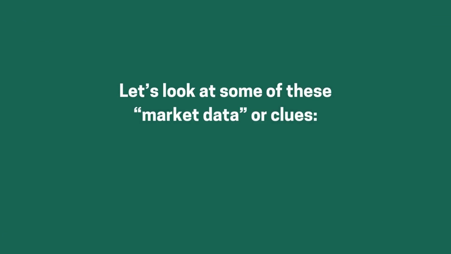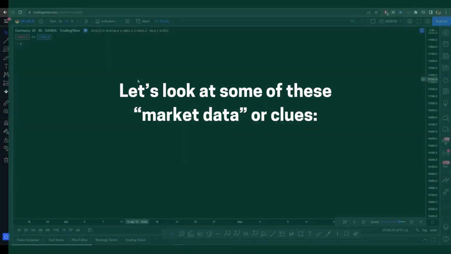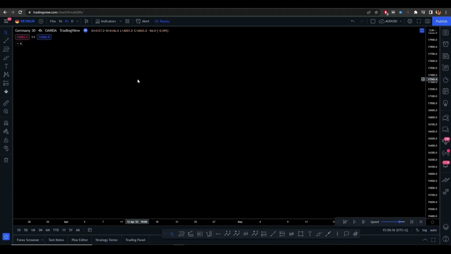Okay, let's take a look at some of these market data or clues. The angle of ascent or descent of the trend line might provide one clue. Sharp angled trend lines like this have a tendency to be followed by a consolidation rather than a reversal, since they are less sustainable.